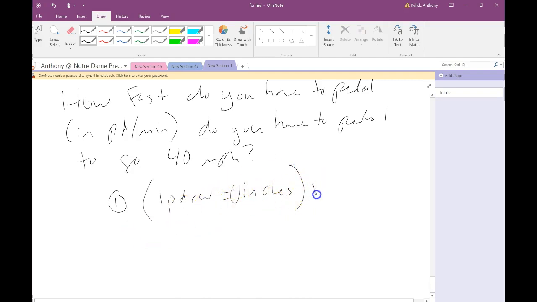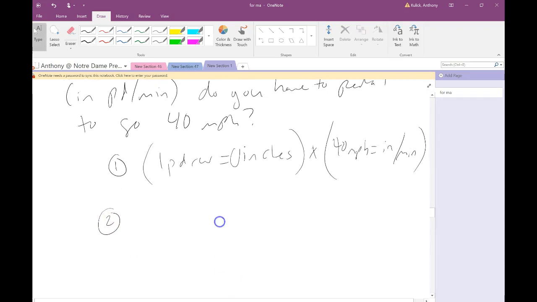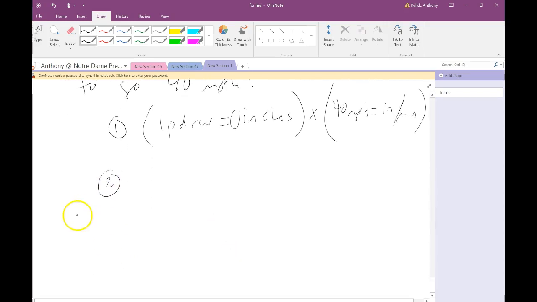And then you could multiply that by figuring out, in this case, 40 miles per hour is equal to so many inches per minute. And if you situate those two ratios the correct way, you can multiply them together to spit out pedal revs per minute. I think maybe the easier way is to just go directly there.